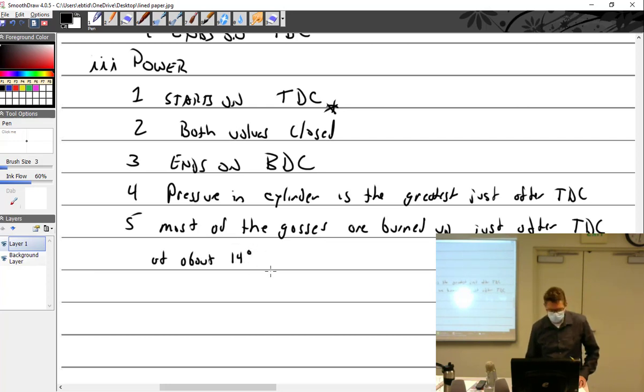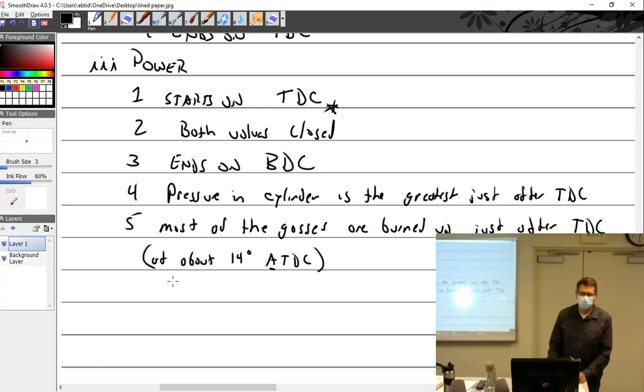So 14 degrees after top dead center. That's what the A is after. What do you mean by gases? Do you mean the fuel? Yep, the fuel. Well, it's going to be fuel-air mixture. So that is the gases: the gaseous fuel and the gaseous air combined.